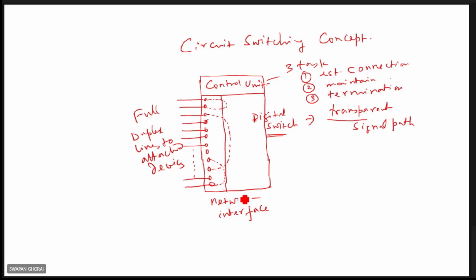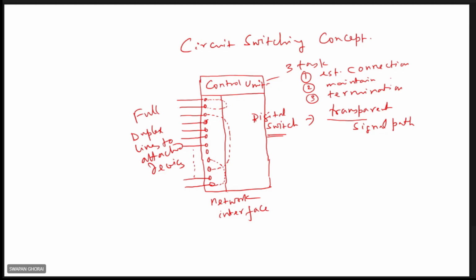The network interface may contain software or hardware to connect the digital devices, meaning data processing devices and digital telephones, to the network. Also, analog telephones can be connected to the network if the interface contains the logic for converting analog to digital signals. We have seen how PCM etc. techniques must be there, right?